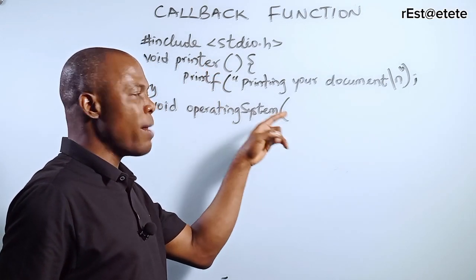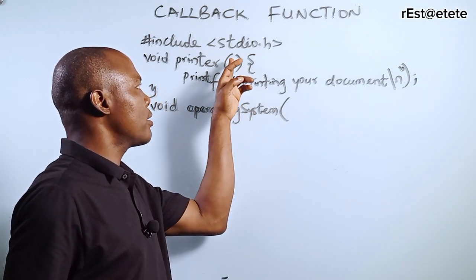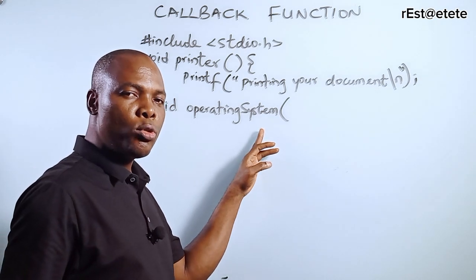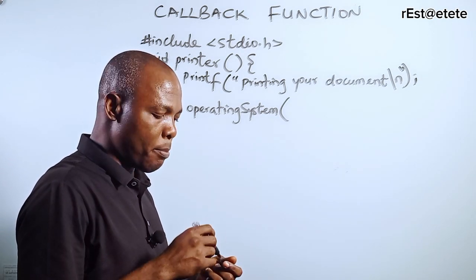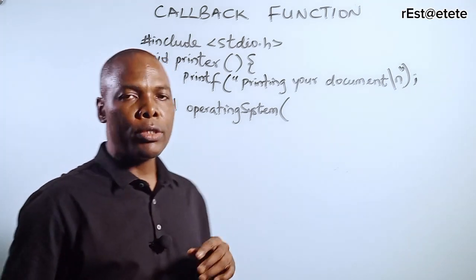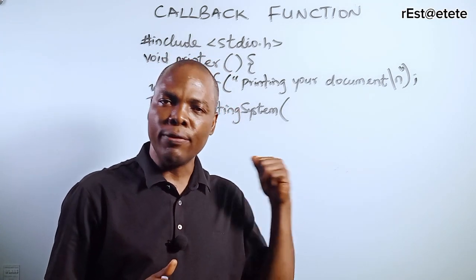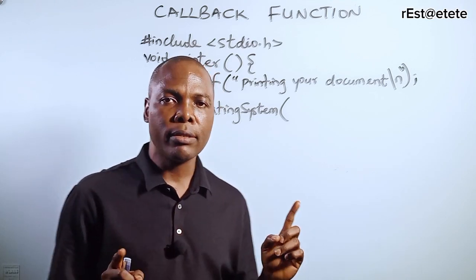So I'm going to pass this function to this function, but I'm going to pass it as a function pointer. Why? Because in C language, function is not a first class citizen. So you can't move it around, right?